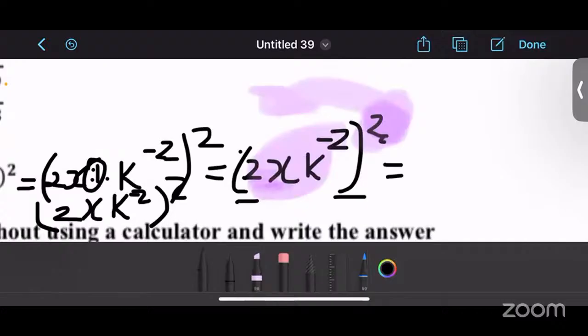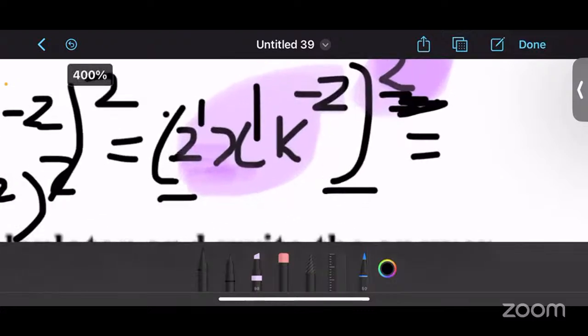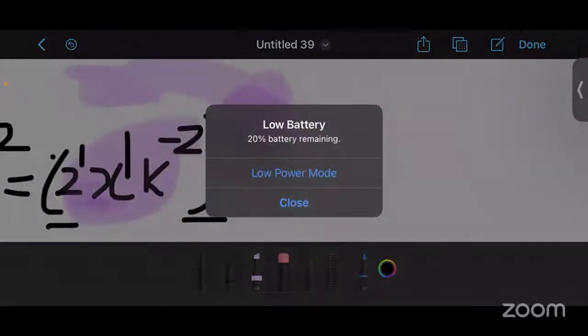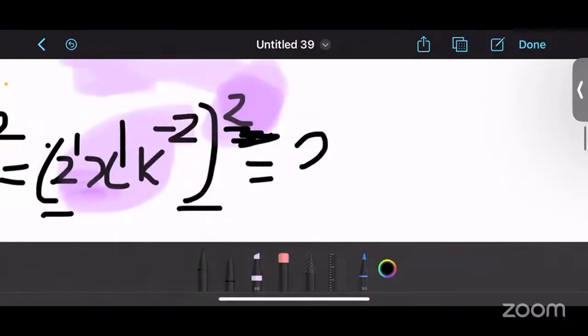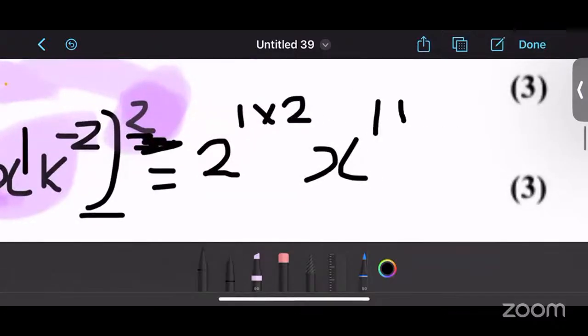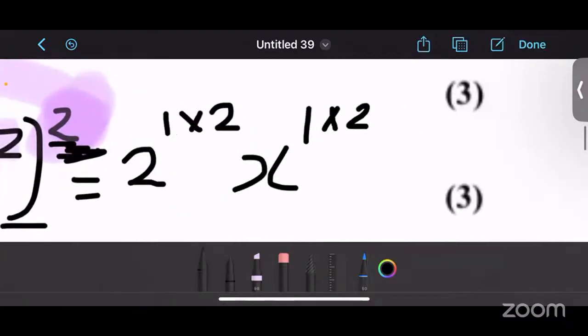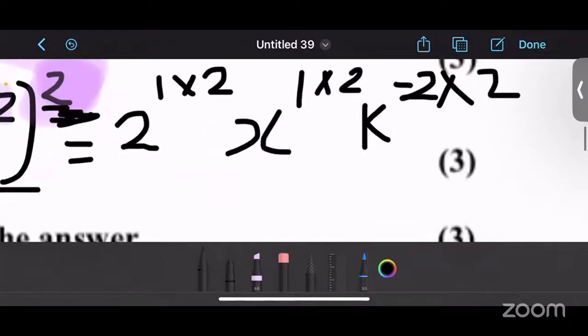So we have to the power of 1, to the power of 1, to the power of -2. This 2 is going to multiply each and every exponent in the brackets, even the ones and the zeros. And we have 2 to the power of 1 multiplied by 2, x to the power of 1 multiplied by 2, k to the power of -2 multiplied by 2, right? And then we're going to simplify.